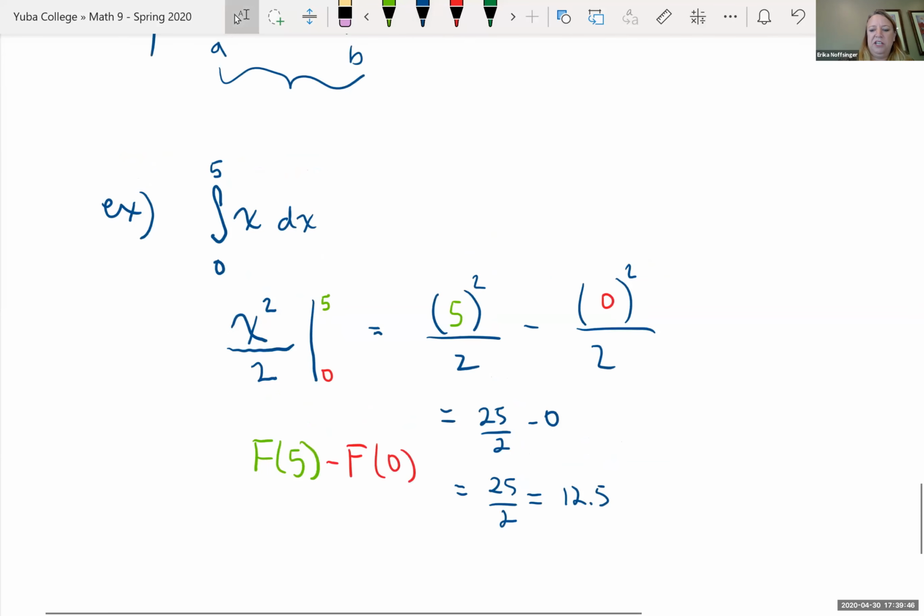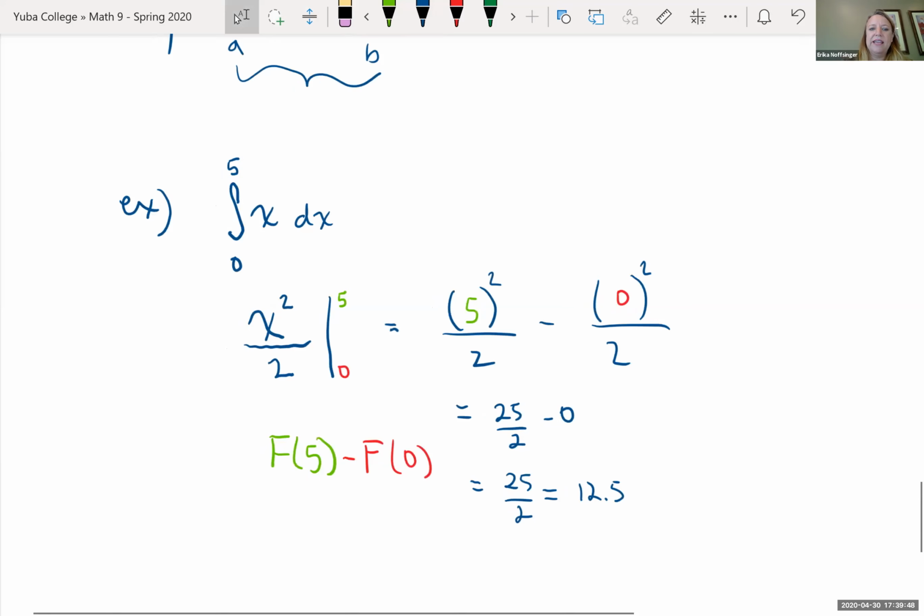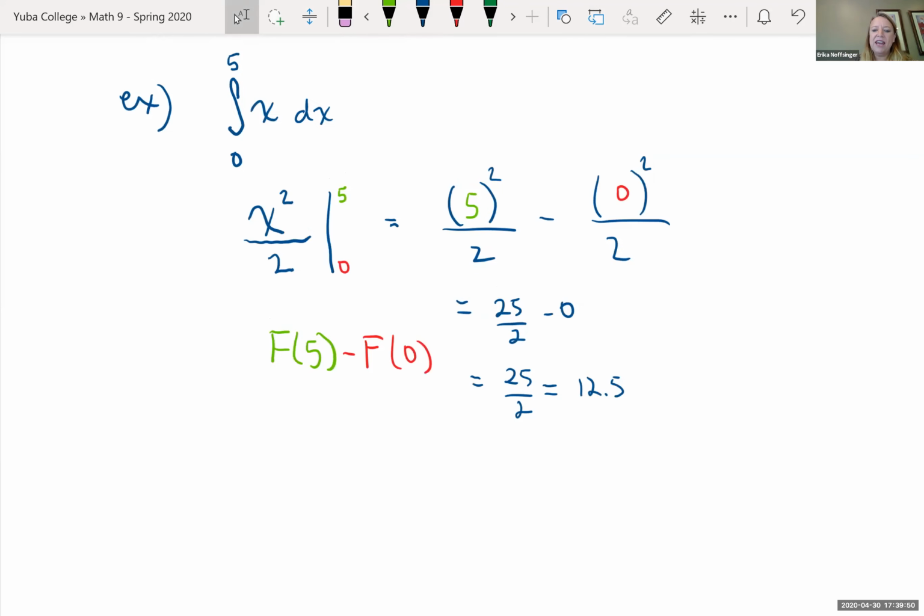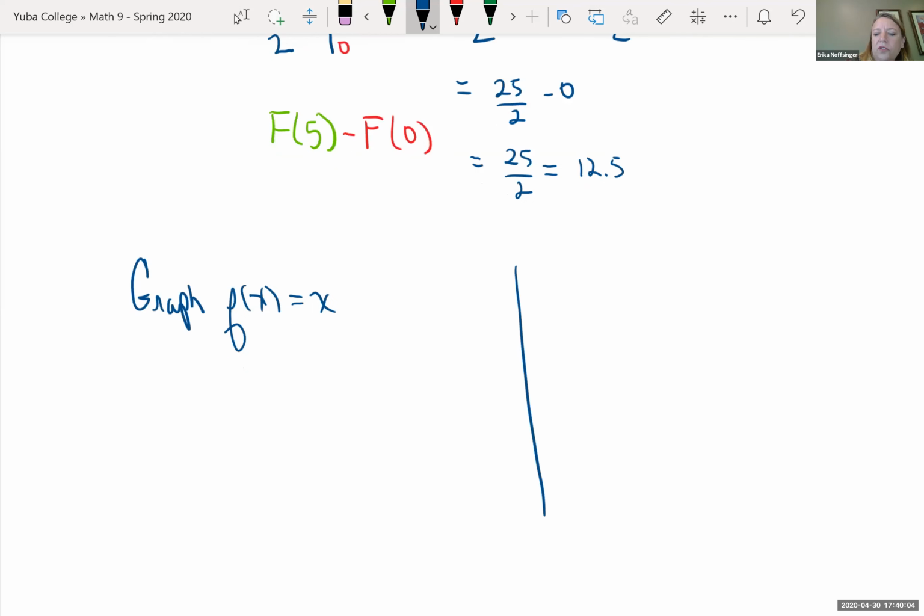Okay, so the reason why I wanted to do the easier one is, now let's just look at the graph of that. So if we were to graph f of x equals x, whatever your x value is also your y value. So when x is 0, y is 0.